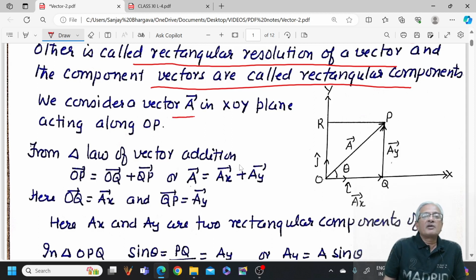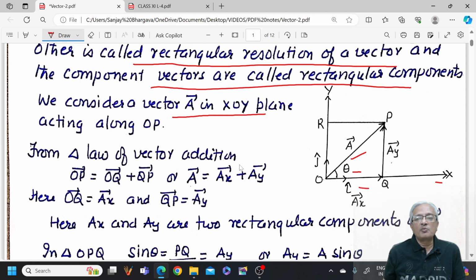So we consider a vector A in the XOY plane. This is the x-axis, this is the y-axis, this represents the XOY plane, and this is vector A, making an angle theta with the horizontal. Now this can be written as the x component and this as the y component.